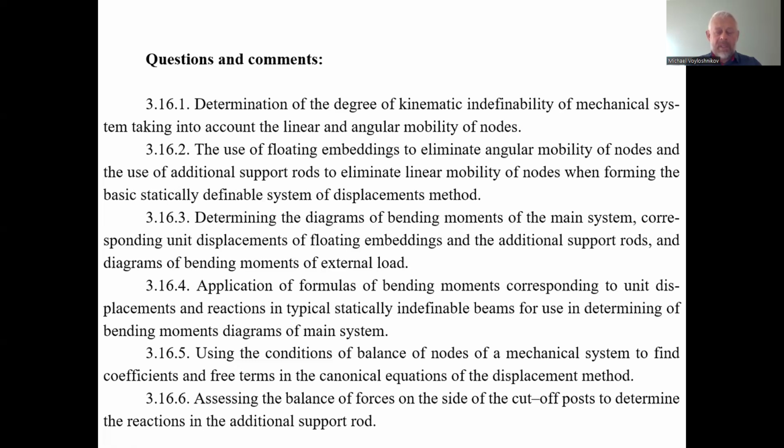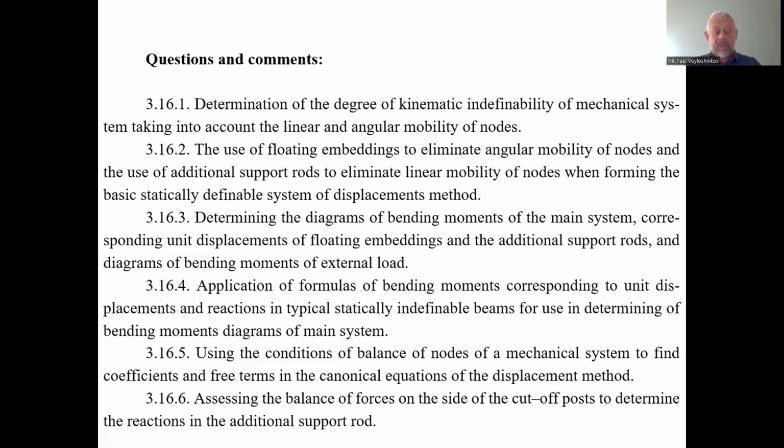Sometimes there could be other kinds of extra connections, but usually we use sliding embeddings, limiting the angular rotation of the elements of the mechanical system, and we use linear extra connections, which limit the translational displacements of definite points of the mechanical system.